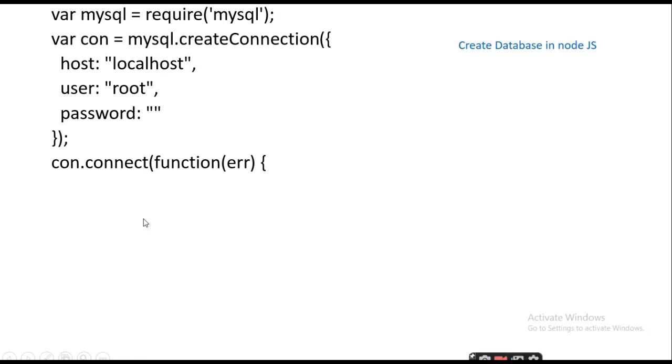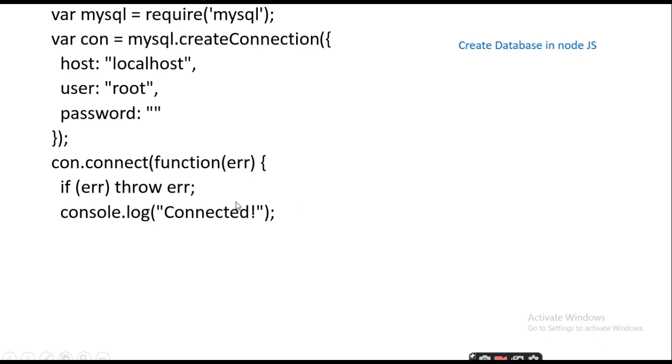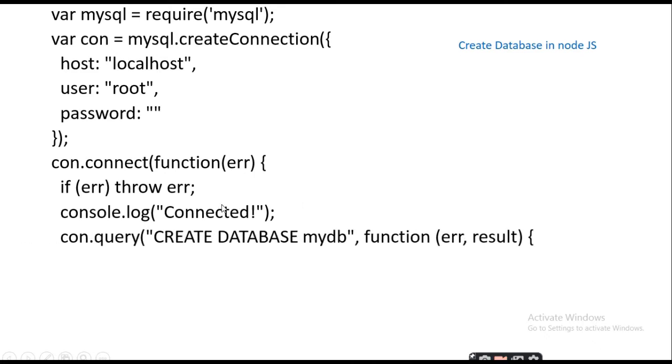con.connect. Then for the connection we are providing a function. If there is an error, throw the error, and if not, then console.log just displays the message connected. And here con.query, create database. Here we are writing the name of the database, so create database and the name of the database you are going to create.